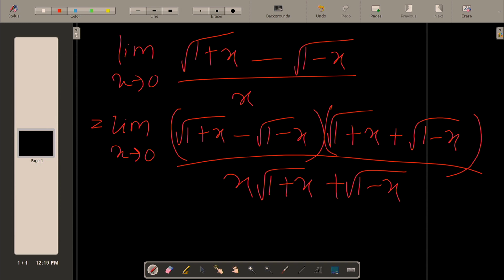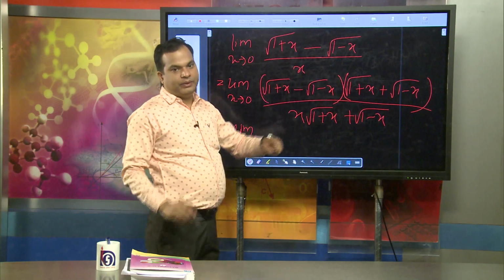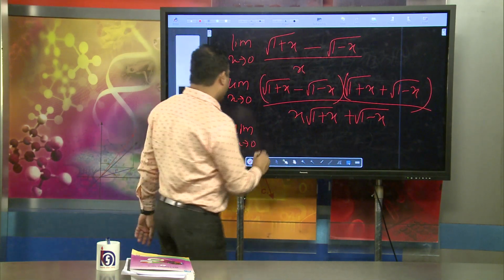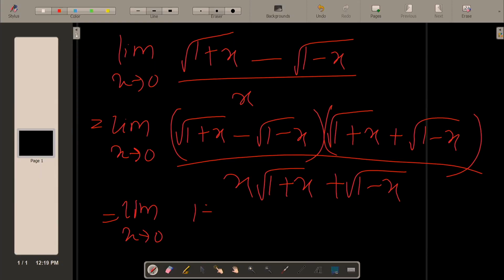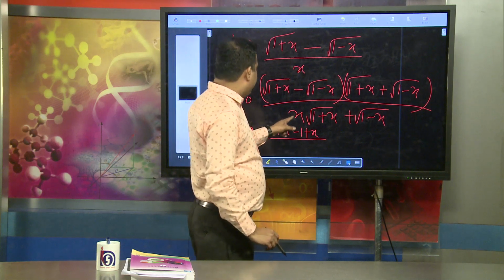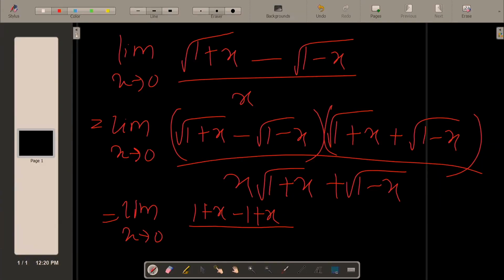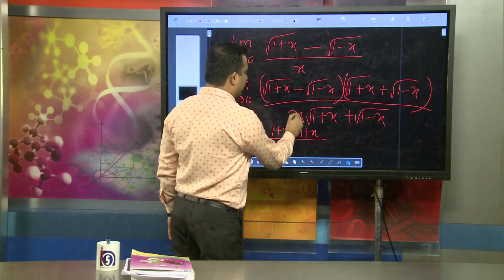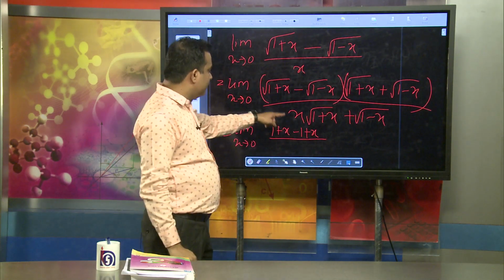Then for the numerator, limit x tends to 0, a plus b into a minus b, we know that is a square minus b square. So I can write 1 plus x, a square minus b square, that means minus 1 minus x, that will be plus x, divided by, you know, suppose here I put the value of 0, that value equals 0.